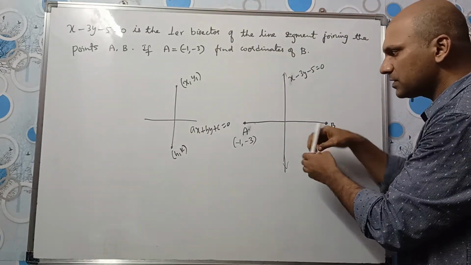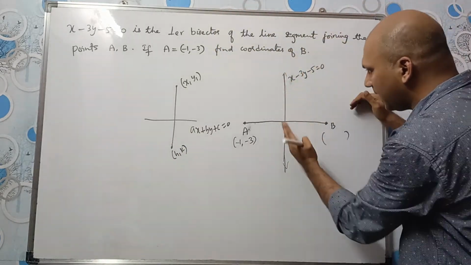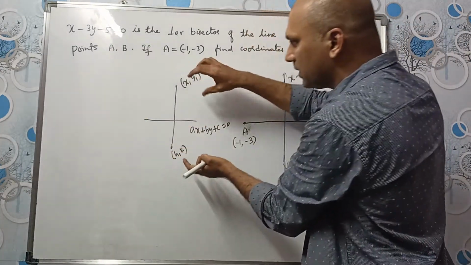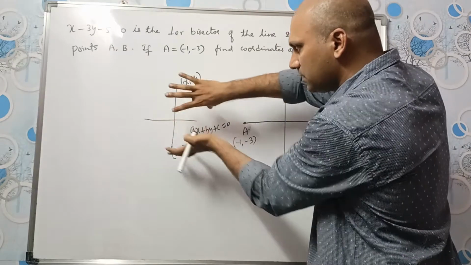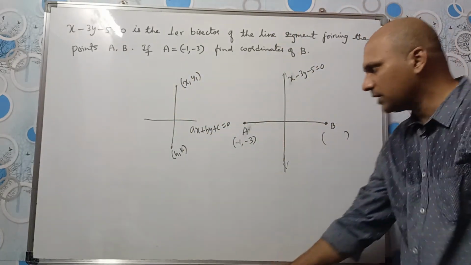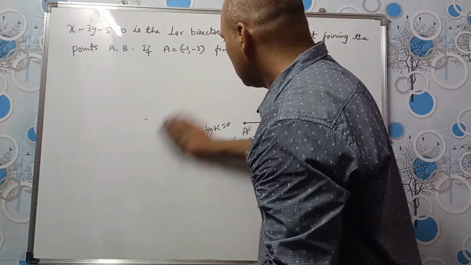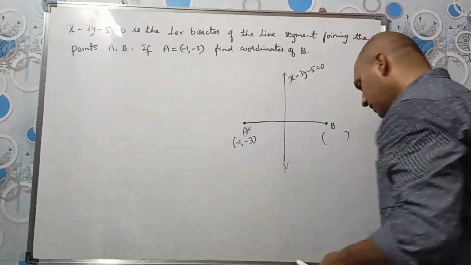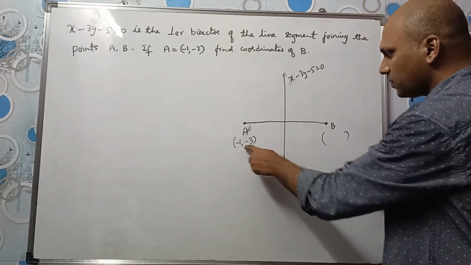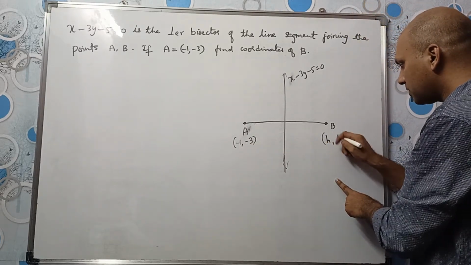This diagram is also the same. Only thing is we have a line here and points are here. In this case, we had a line here, points were here. If we rotate this diagram, we'll have this part, right? So B is the image of this point minus 1 comma minus 3. Let it be h comma k.